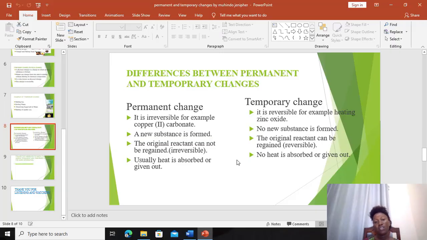Then, in permanent change, the original reactant cannot be regained, while in temporary change, the original reactant can be regained. The last difference is that usually heat is absorbed or given out in permanent change, whereas in temporary change, no heat is absorbed or given out.